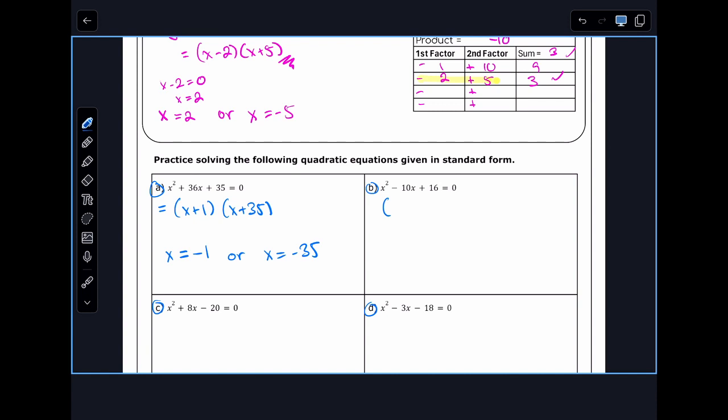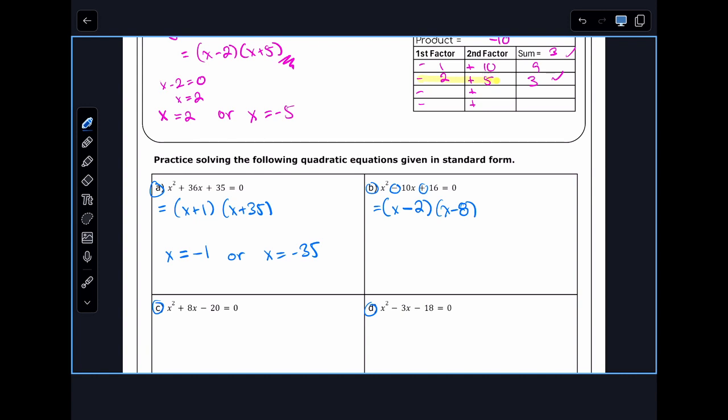Did you say x plus 2 and x minus 8? So that's very close. We'll notice though that our b is a negative value. Because the product is positive and the sum is negative, both of our factors are going to be negative. So you're right, it's 2 and 8.